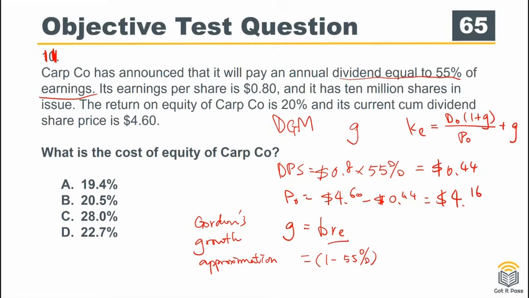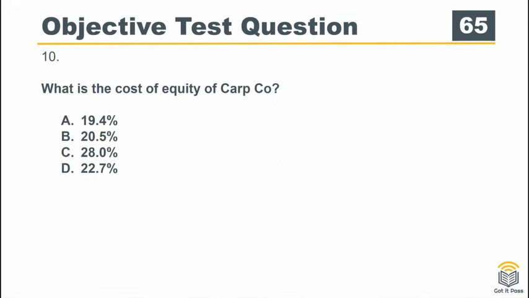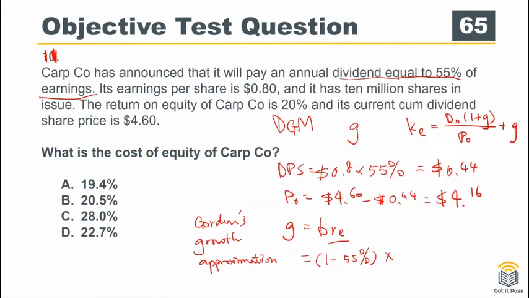Then the difference between 1 and the dividend payout rate is the retention rate, the profit retention rate. For this figure times r, which is 20%. Given here, okay, return on equity is 20%.